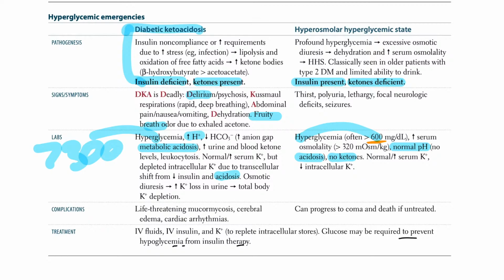Okay, one thing to add here: why would we have this shock, coma, death here? So here we have dehydration, right? Essentially both cases have dehydration, but here, because of the hyperosmolar serum and a lot of that glucose going to the urine, we have a lot of dehydration.